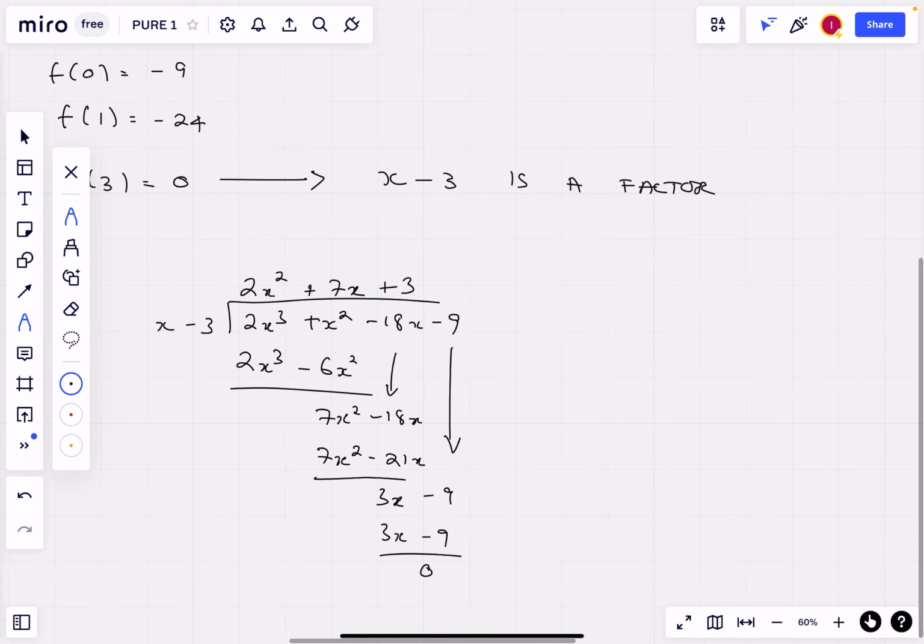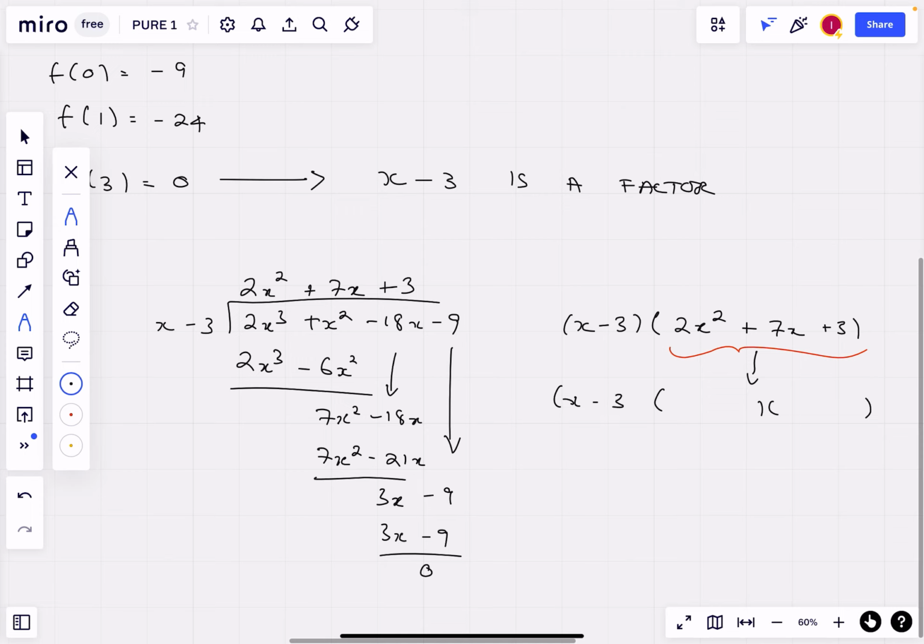So, when factorizing, x minus 3 is one bracket, which we got by using the factor theorem. The other bracket is 2x squared plus 7x plus 3. You can take this a step further and factorize this into double brackets.